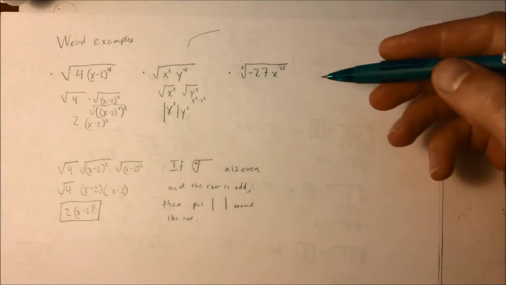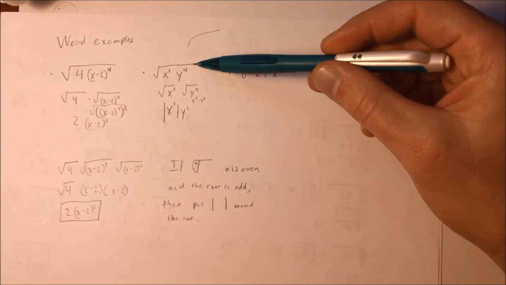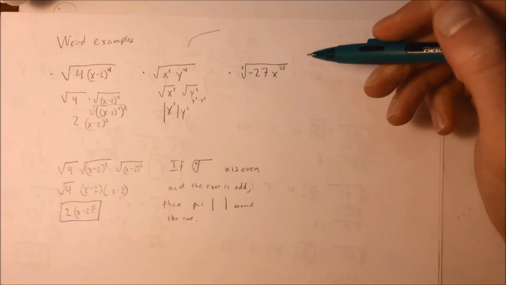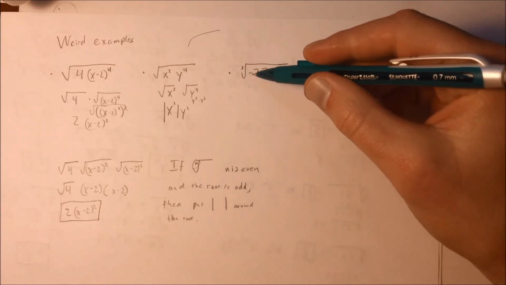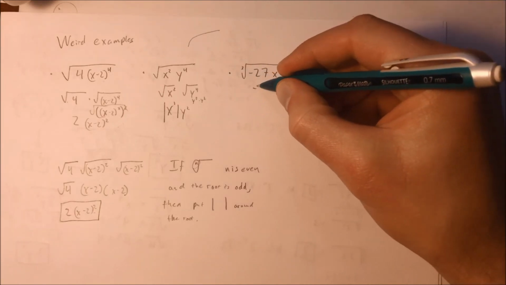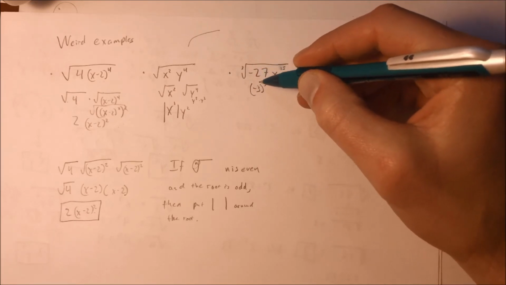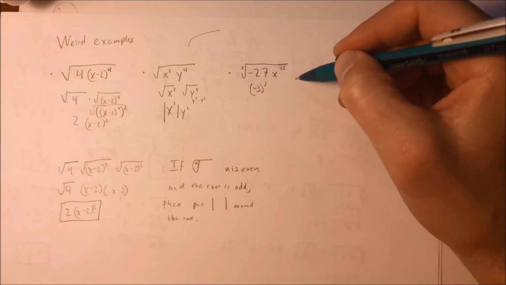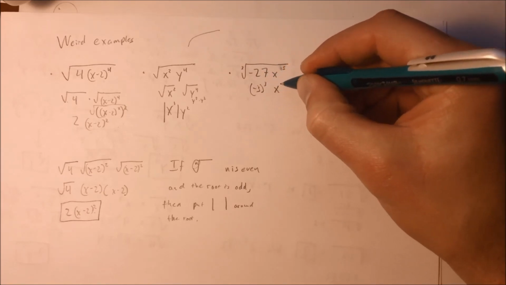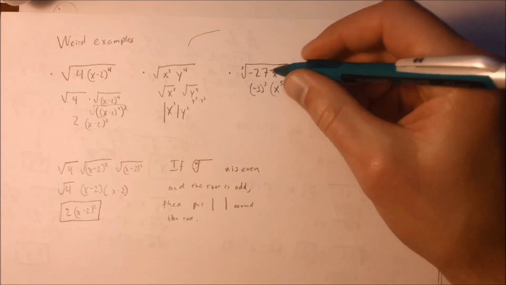And in our last example here, even though we can never take the square root of a negative number, we can take the cubic root of a negative number for the simple reason of the following. Negative 3 to the third power is in fact negative 27. So negative 3 to the third power and then x to the fifth cubed.